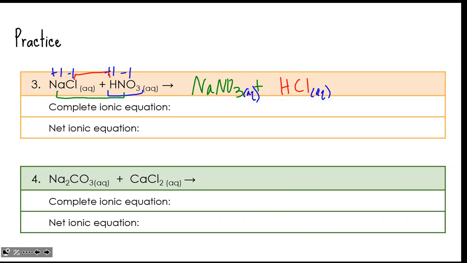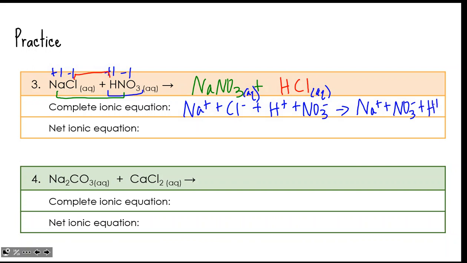Complete ionic now, just break everything apart into its ions. So we get the Na plus, Cl minus, plus the H plus, and the NO3 minus. And over here, they're just in a different order. And I'm going to run out of room, but that's okay.